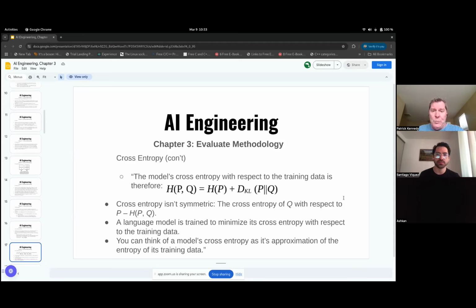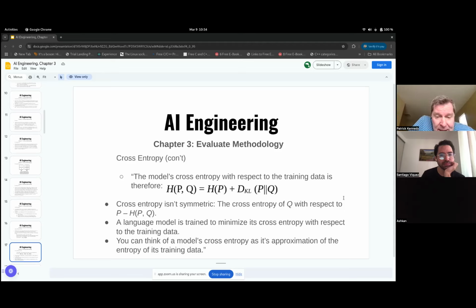So the cross entropy isn't symmetric. Anyway, that's just a mathematical property, and a language model is trained to minimize the cross entropy with respect to the training data. So it's all about that gradient descent.